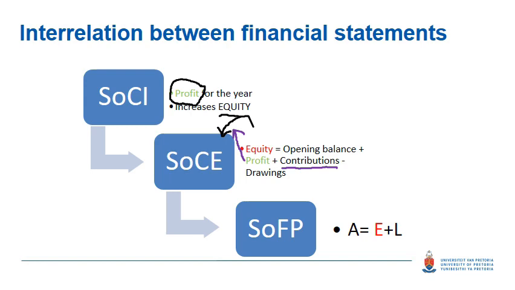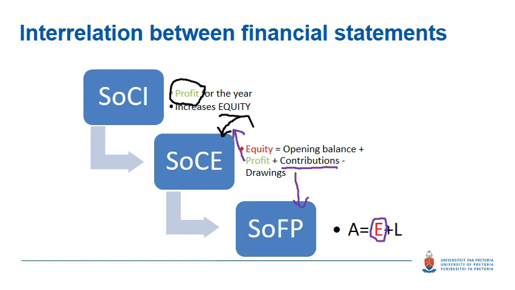This will then give me the closing balance for equity for this particular financial period. The closing balance for equity is then transferred to the statement of financial position, because the statement of financial position shows on a particular date a snapshot of all three of these elements: assets, equity, and liabilities.